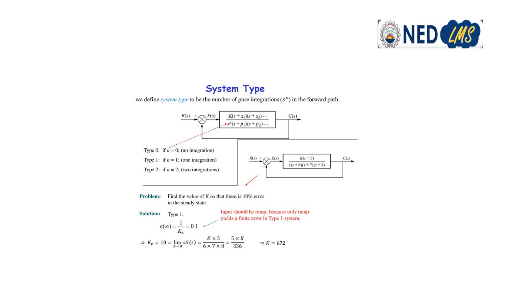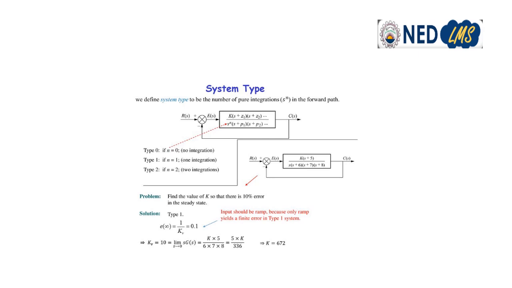So we have to find the value of K if we need a maximum 10% steady state error. So it means that the value of the steady state error is 0.1. 10% means 0.1. And we know that because it is a system type 1, we only have steady state error in case of the ramp function, that is Kv. So we put the value of steady state error equal to 0.1, and the formula will be 1 upon Kv. So we can find easily the value of Kv here.